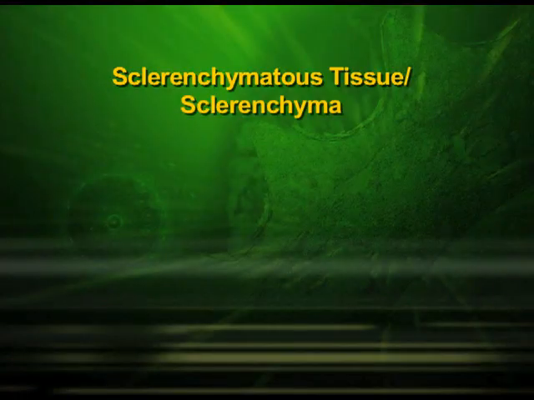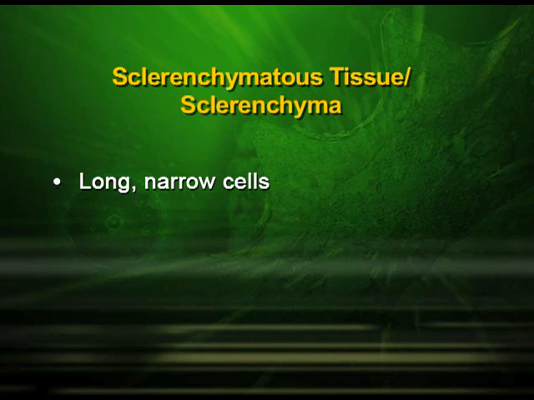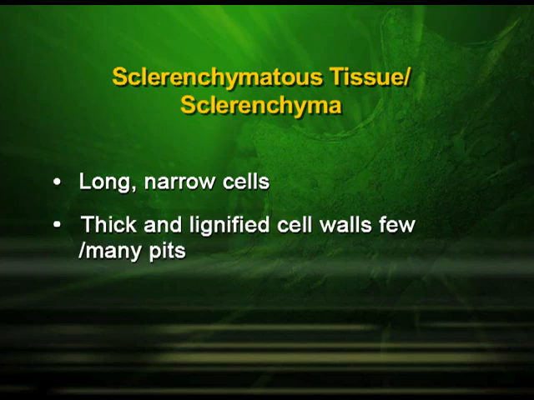The next tissue under the simple is the sclerenchymatous tissue or sclerenchyma. They are long, narrow cells. They have thick and lignified walls, and their walls have few or many pits. Pits are the holes which are present in them.